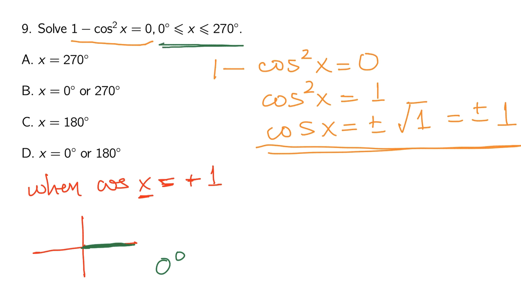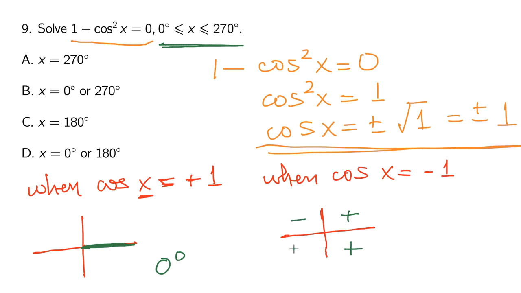When cos x equals minus 1, then again we can draw our quadrants and see. We know that the angle made with the x-axis should still be 0, but the cosine of that angle should be minus 1. So we are looking for in which quadrants the cosine is negative. Now cosine is positive here and here, but it's negative here and here.